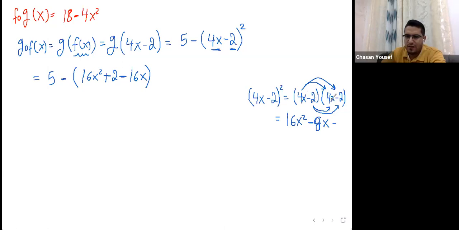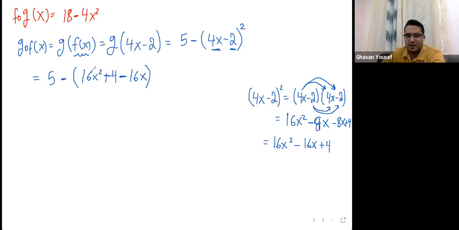Minus 2 times 4x is minus 8x, and minus 2 times minus 2 is positive 4. So I get 16x squared minus 16x plus 4, because minus 2 squared is 4.